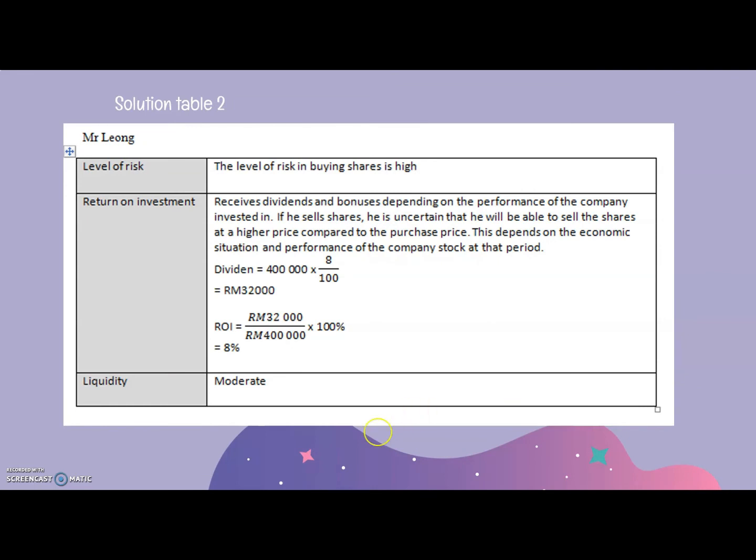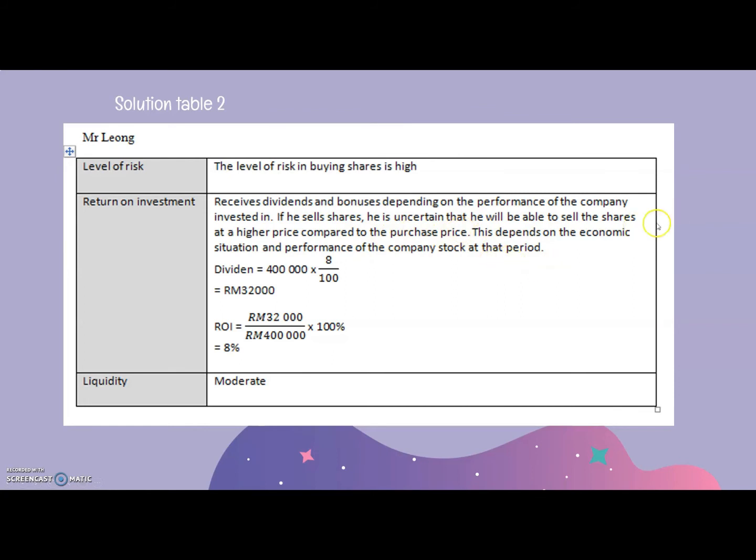For Mr. Leong, what is the level of risk? The level of risk for Mr. Leong in buying the shares is high. What is the ROI? He receives dividends and bonuses depending on the performance of the company invested in. If he sells shares, he is uncertain that he will be able to sell the shares at a higher price compared to the purchase price.